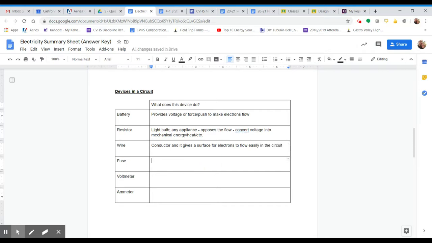Fuse, what does the fuse do? The fuse monitors the amount of current in the circuit so we don't blow something up. Voltmeter, it measures volts. Amp meter measures amps in the circuit.